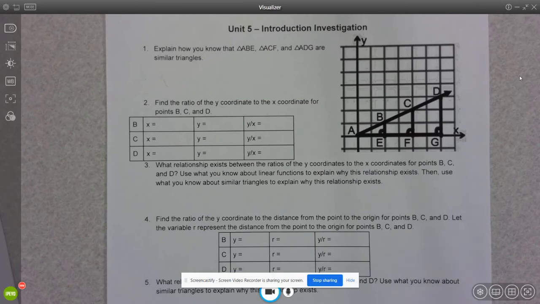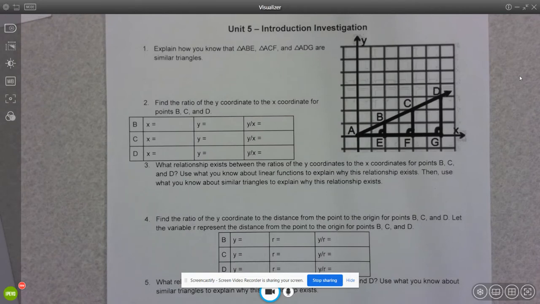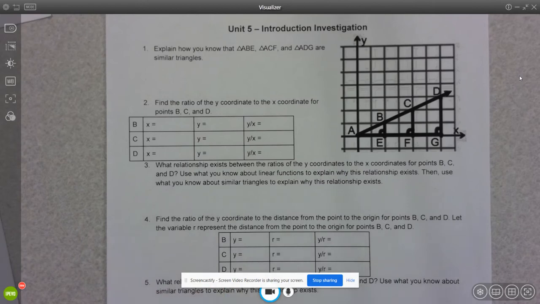So starting this, regardless of which sheet of triangles you have, this is the one I'm going to go through, but I will show you my proportions and my answers for the other two sheets. But I'm going to work all the way through this sheet in particular. And like I said, I'll show you the answers for the other ones as well.